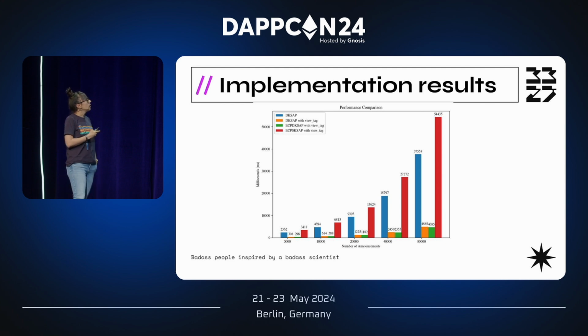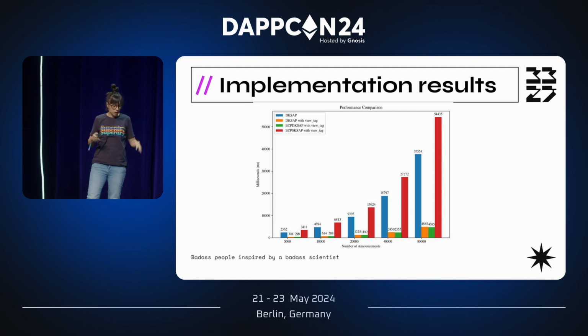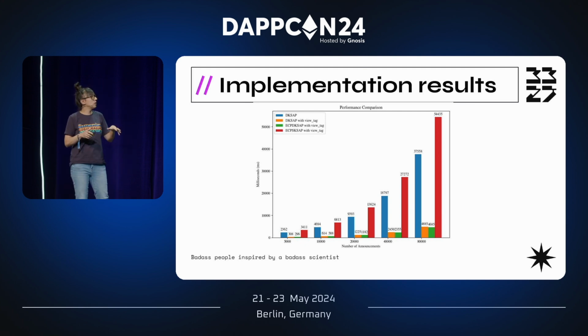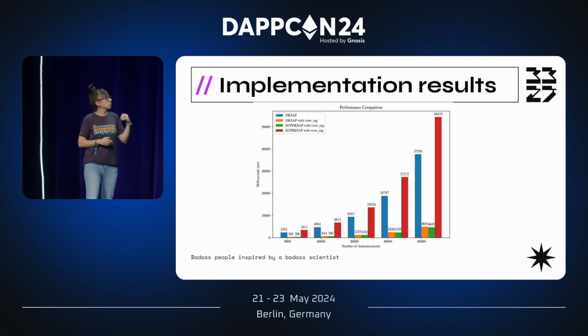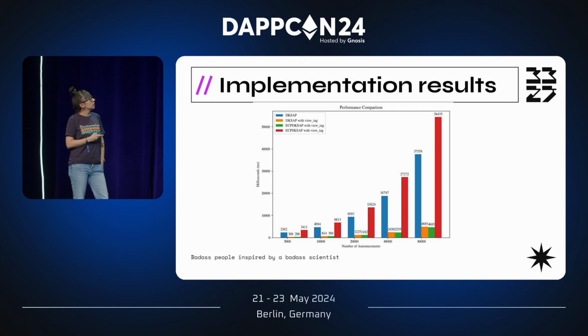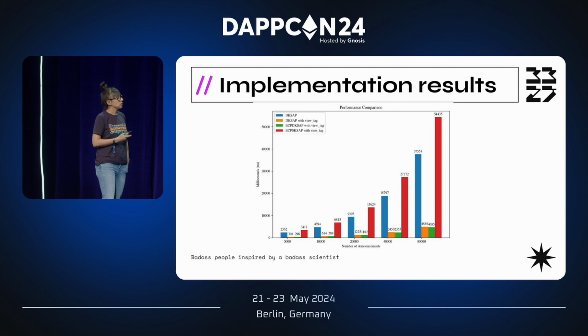This is time in milliseconds, and this is the number of public keys included in the ephemeral public key registry. So when the sender wants to calculate his address using the elliptic curve pairing dual key stealth address protocol, he can do it in the fastest way. So this is very important.